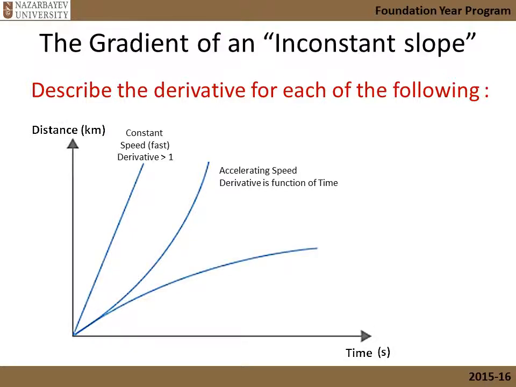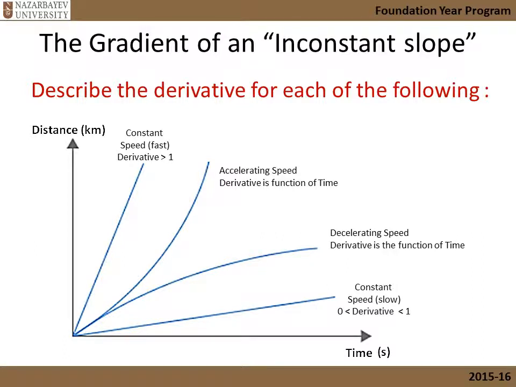Also, we can have this function, and this means that we have decelerating speed and our derivative is also a function of time. And finally, we can have this function, and this means that we have constant speed, but our speed is slow, and our derivative is greater than 0 but less than 1.